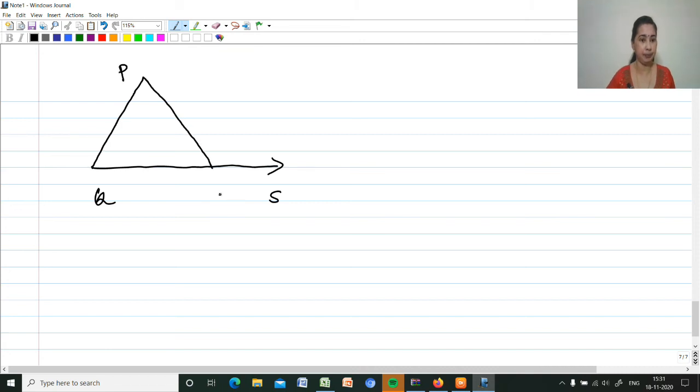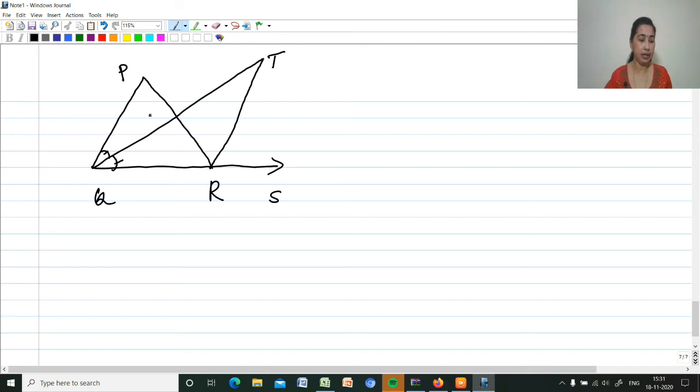This is P and this is R. It's meeting at R. This point is T. Now here it is given that the side QR of triangle PQR is produced to S. The bisector of PQR, this is the bisector, means these two angles are equal.